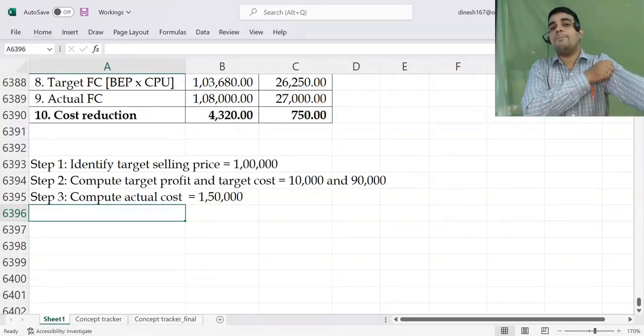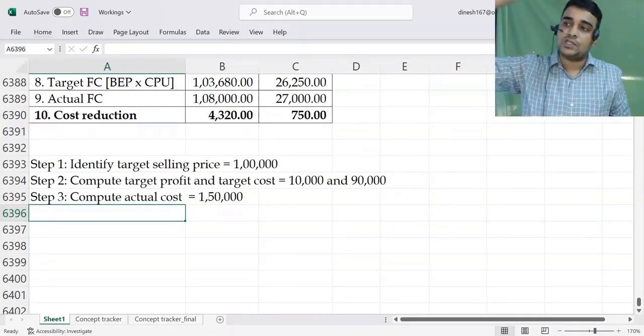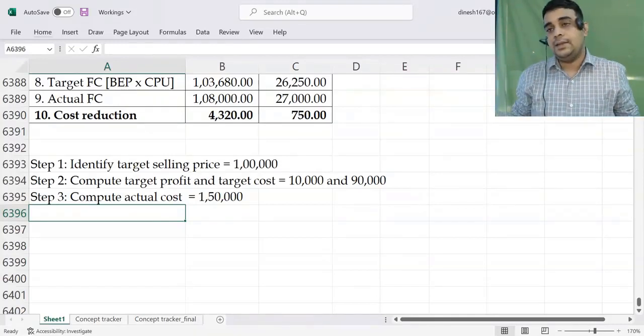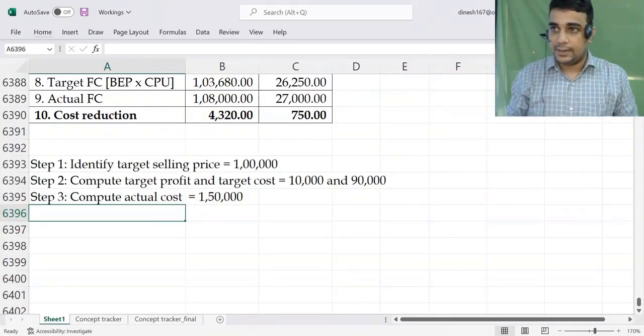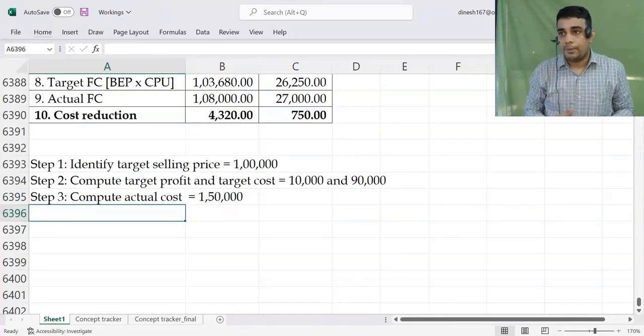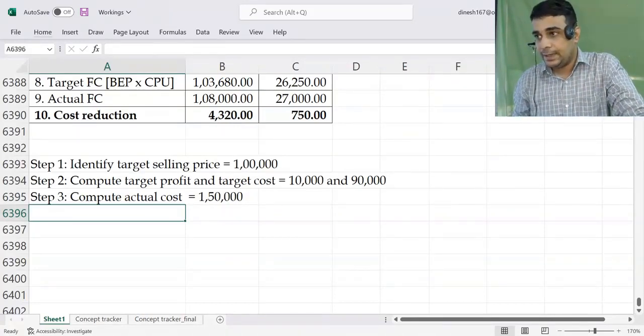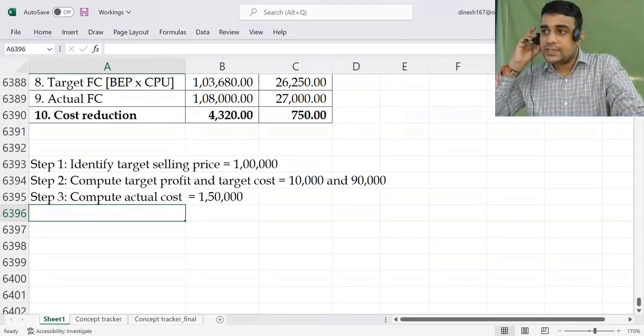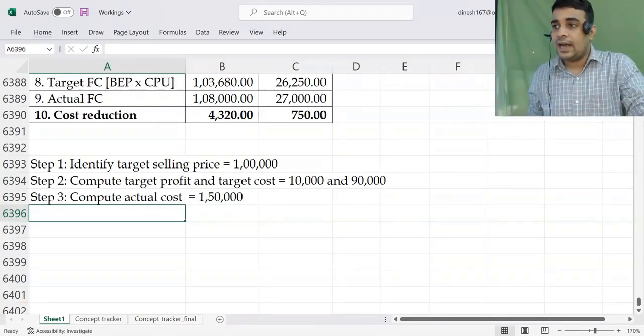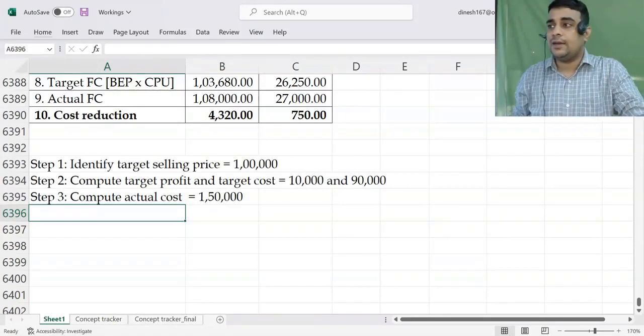In case a company is not able to bring the actual cost to the targeted level, they need not introduce the product. They can stop introducing the product. You will have to keep making multiple iterations of changes, and based on these changes you should finally reach the target figure. If you reach it, great.